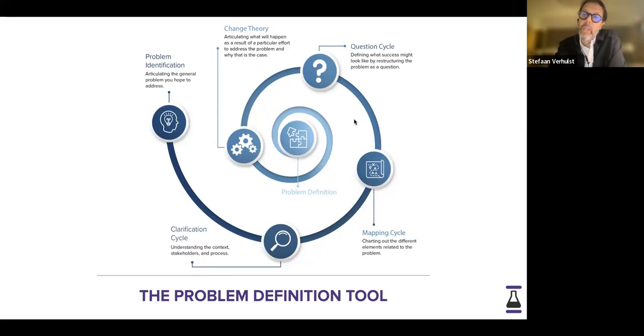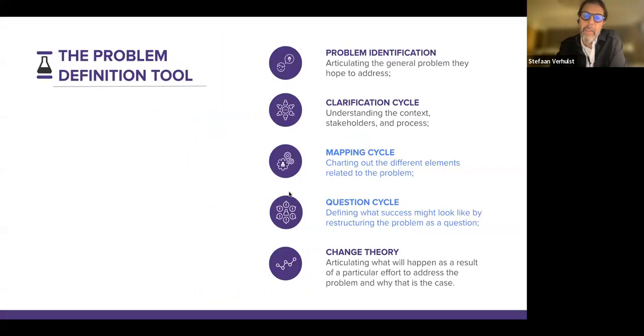And then when we have a prioritization of the topic and the issue that we seek to become smarter about, we can start formulating the question in a way that is answerable by data. So I will mainly focus today not on the problem identification or the clarification cycle. And by the way, we can use data for doing that as well, but really focus on the mapping that we believe is sometimes crucial to get a better sense of the issues that you seek to inform, and then also the question cycle.